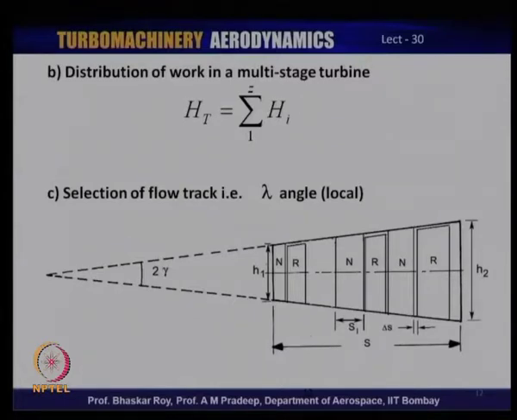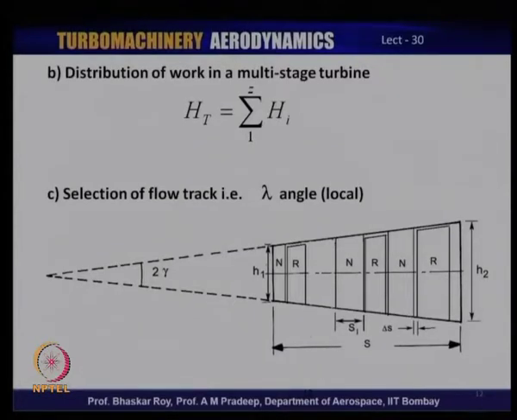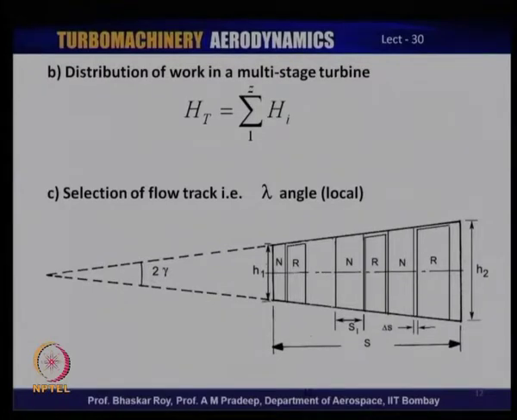And then of course, the distribution of work in multi-stage, as we discussed earlier, can finally lead to an integer number of turbines. Now, if we look at the earlier simple flow track design configuration that we had looked at, we see that finding out the flow track cone angle involves the number of stages.